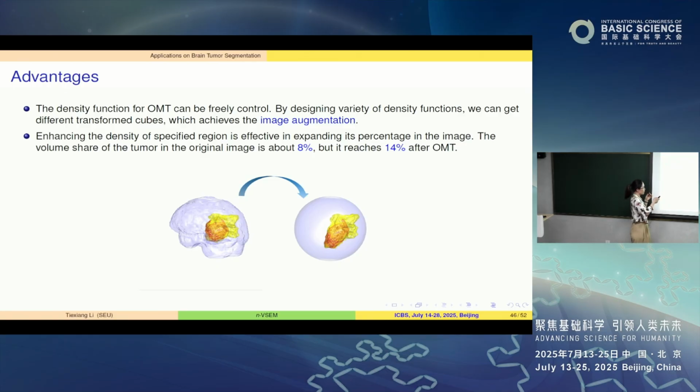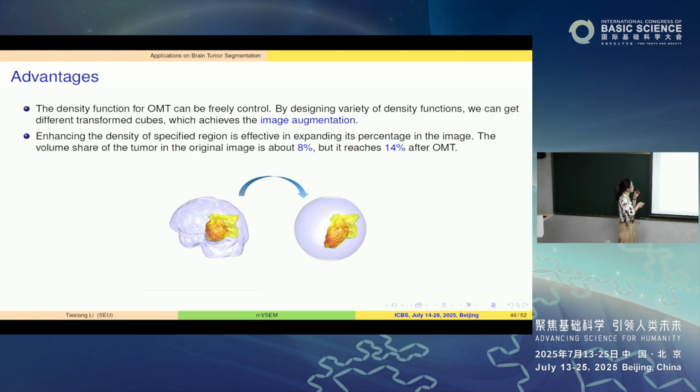The density function for the OMT can be freely controlled by designing a variety of density functions. We can get different transformed cubes, which can achieve image augmentation. Given different density functions, we can get a different ball, then different cubes.